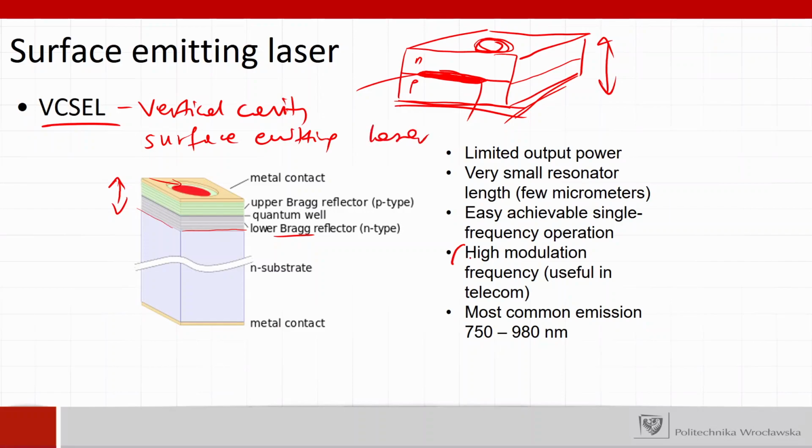These lasers can be modulated with really high speed, and usually they are used in telecom. So nowadays they are using VCSELs at the wavelength of 1300 nanometers for telecommunications.